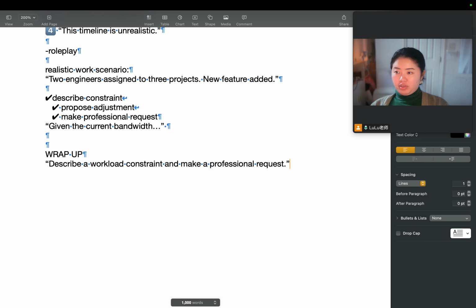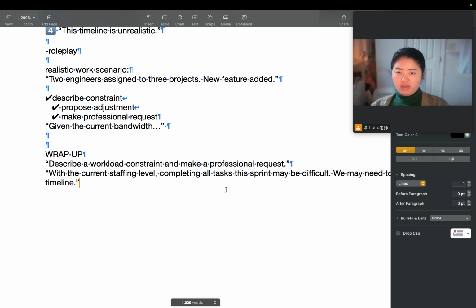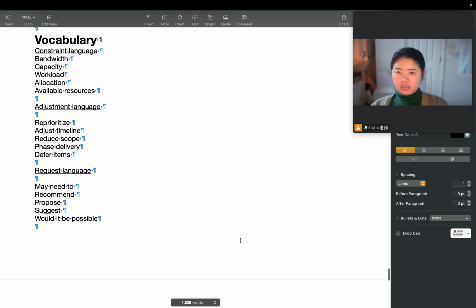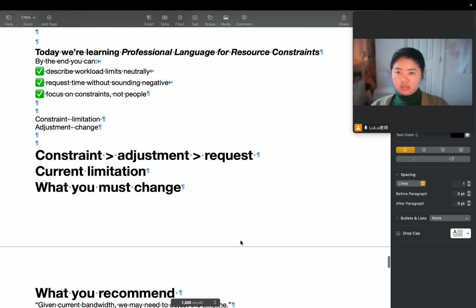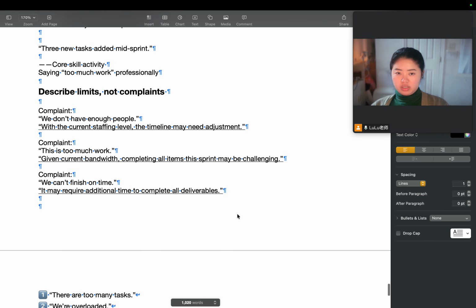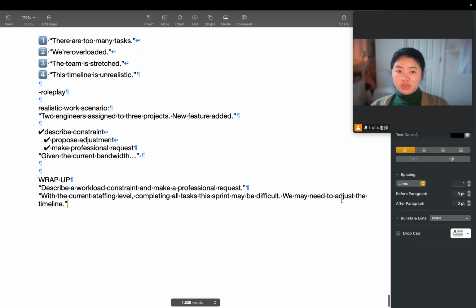For example, if he says something like, with the current staffing level, completing all tasks this sprint may be difficult. So you see how he used constraint here, and now we're going to do adjustment and request. We may need to adjust the timeline, and that's the request, adjust the timeline.